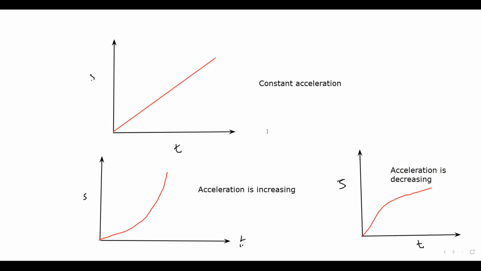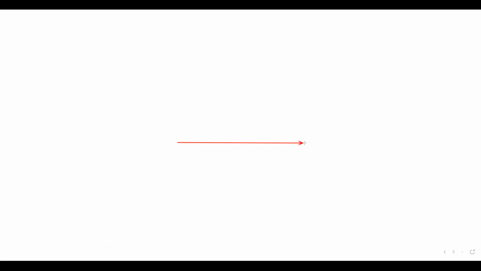As the slope decreases, acceleration decreases. And the last part, if it is a line where the speed is also decreasing, so we can say constant deceleration.